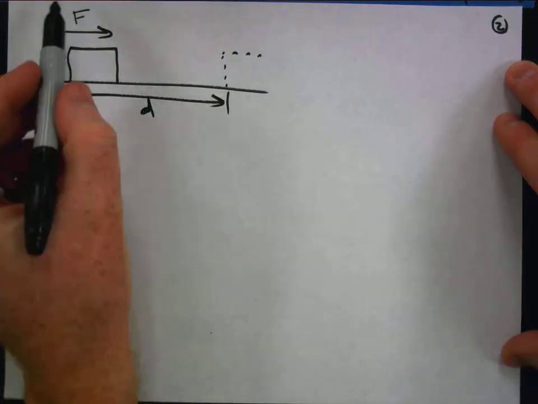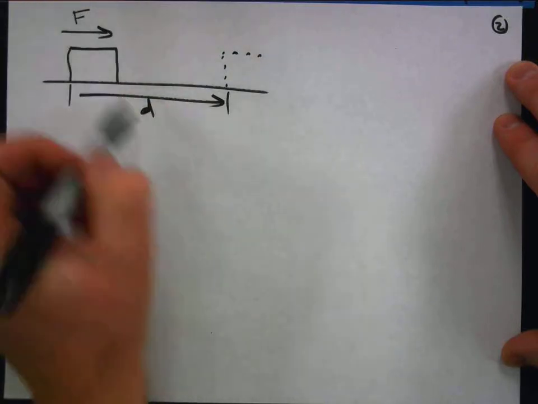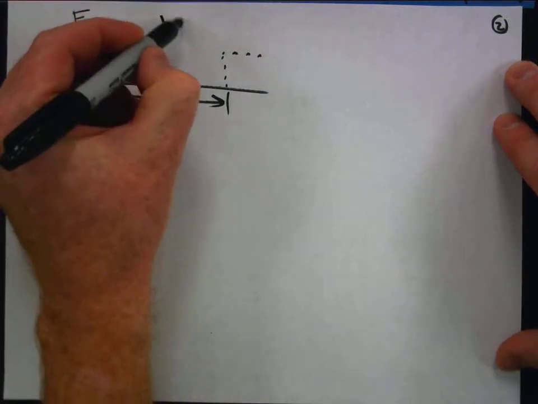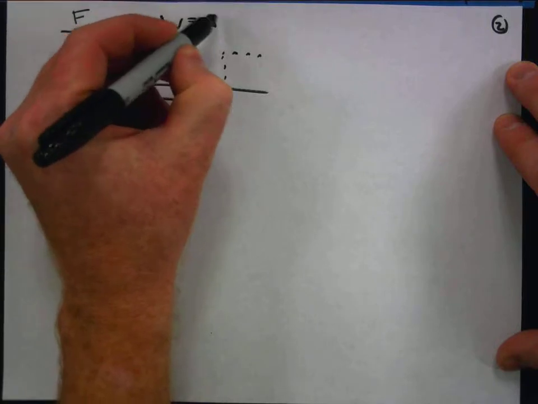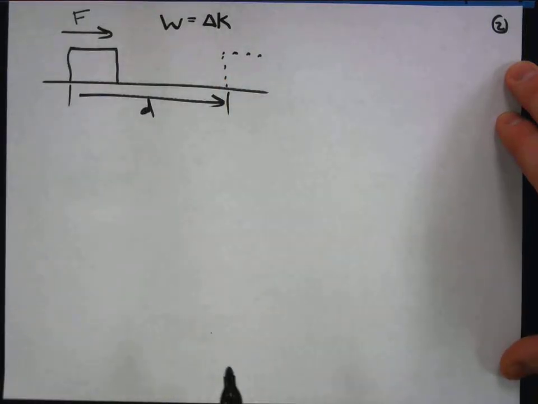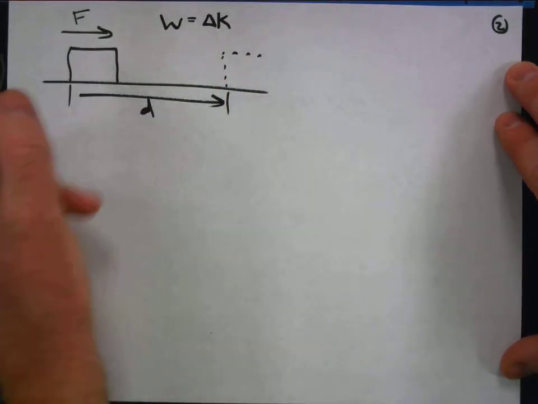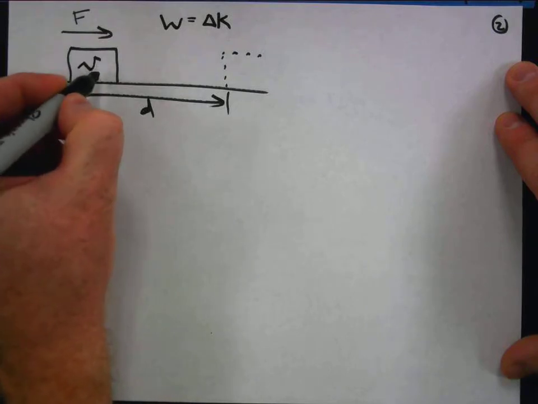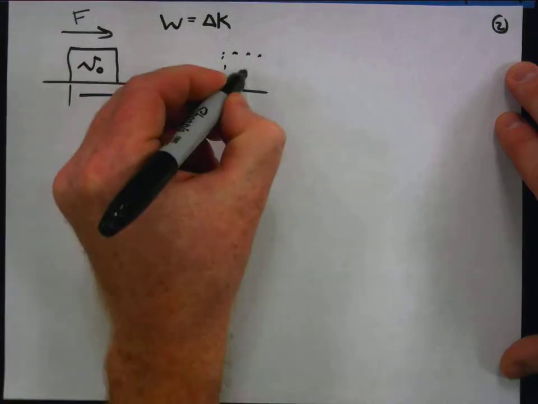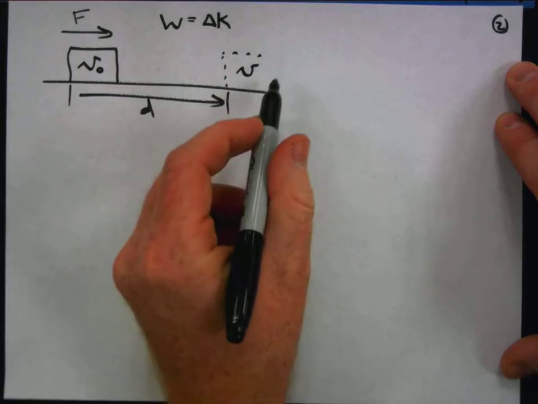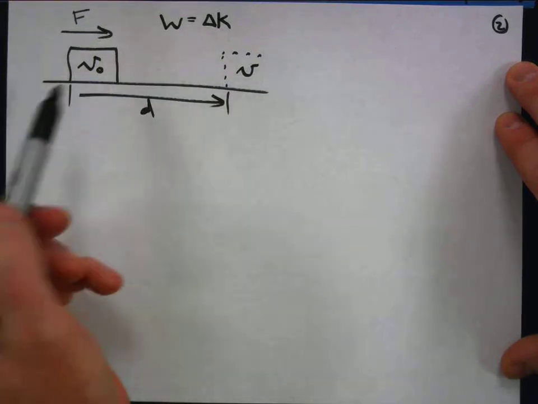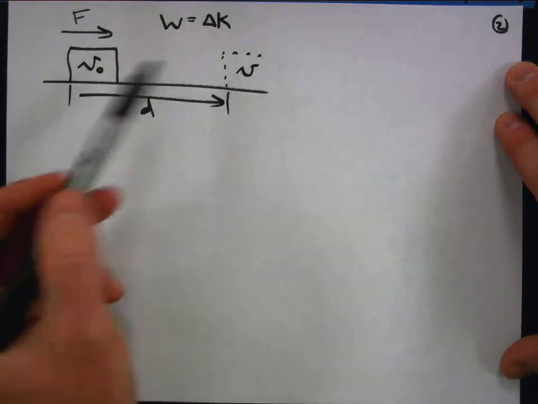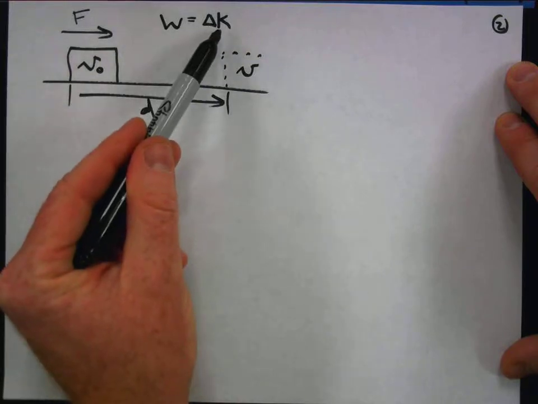Well, according to the work energy theorem, we're doing work on the box, and our work done really should be changing the kinetic energy of the box. If it starts at, say, some initial velocity and ends up with some final velocity, you would think there's this delta V taking place. We've accelerated the box. We have changed the kinetic energy.